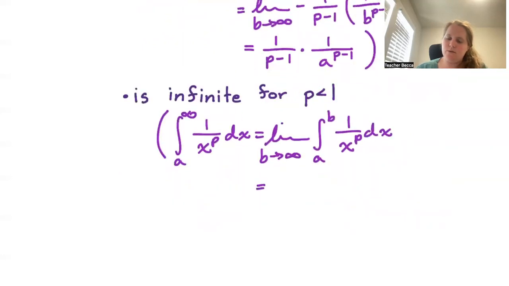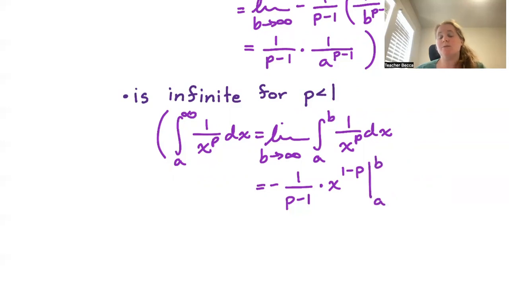This is equal to negative 1 over p minus 1 times x to the 1 minus p evaluated from a to b. Oh, sorry, I forgot my limit here. So we still have this is equal to the limit as b goes to infinity.